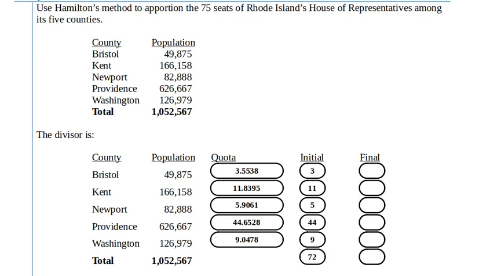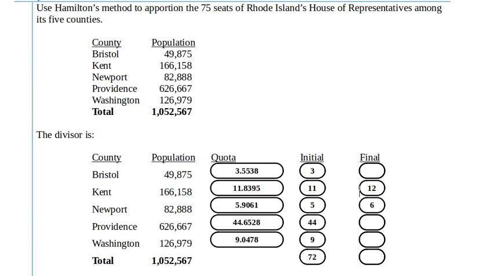So what we do is we look at the decimals and we see that Newport looks like it's 5.9. The decimal is 0.9, and I don't see anything higher, so Newport gets another seat. But remember, we need 3 more, so let's see, what's the next highest decimal? Looks like 0.83, so we give another seat to Kent. So it goes from 11 to 12.